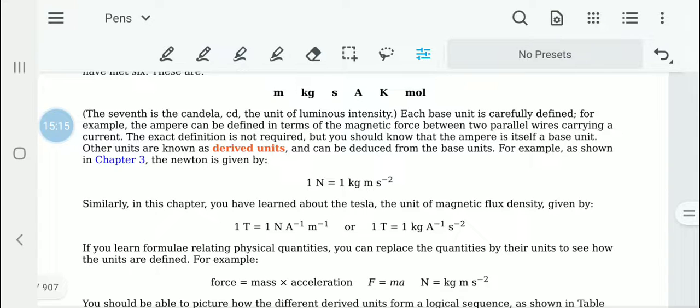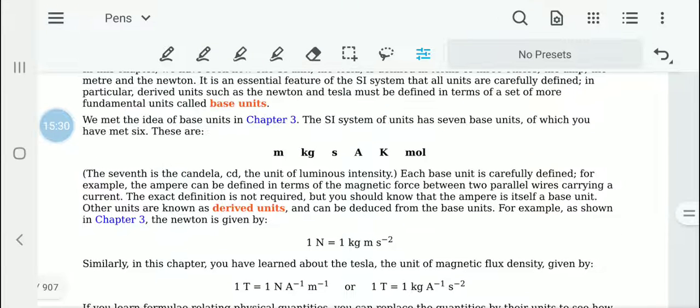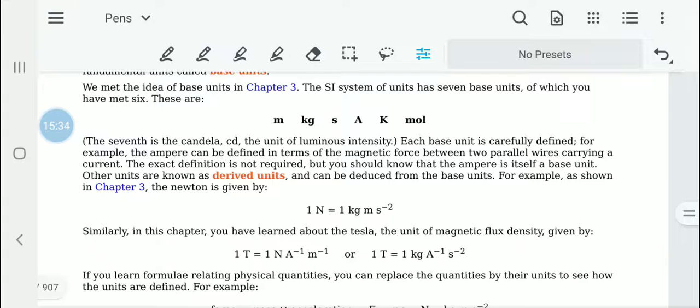That is something we will be learning in a different chapter. Now we need to define each of these things using other base units. We can derive SI units using the base units.